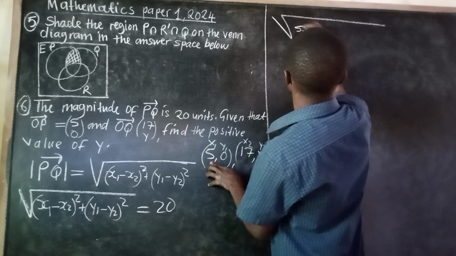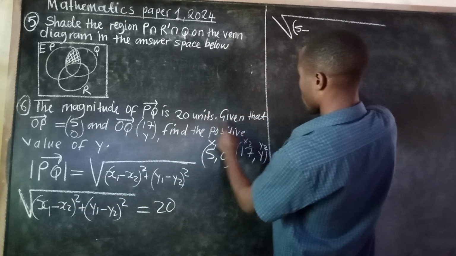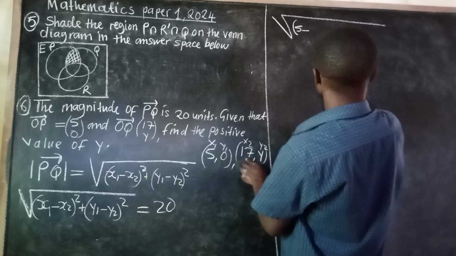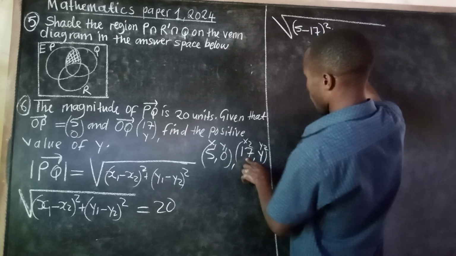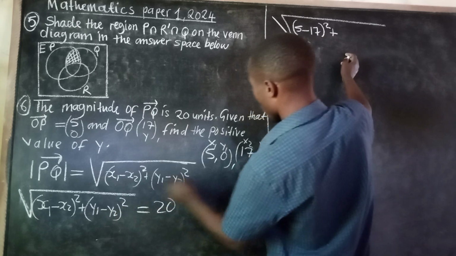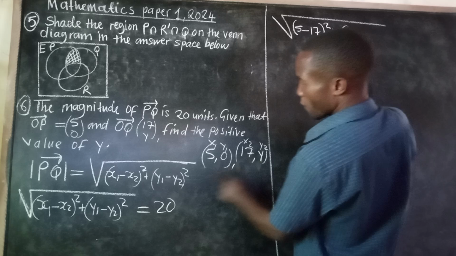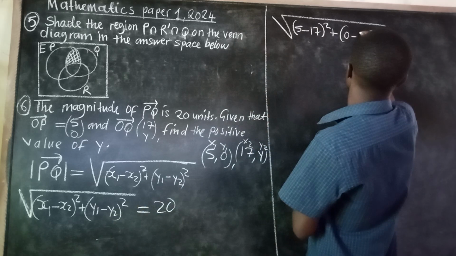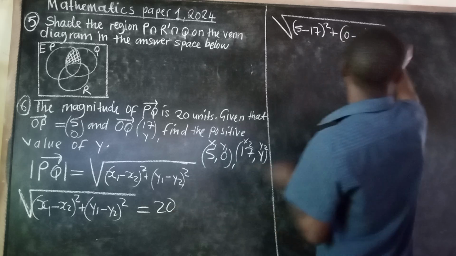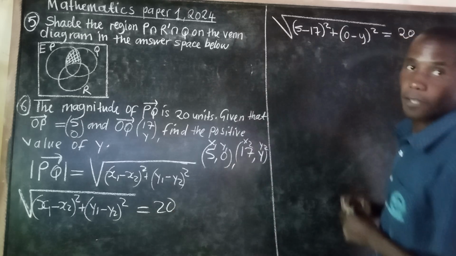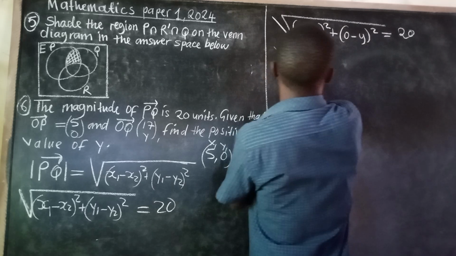So 5 minus x2, what is our x2? x2 is 17, then squared, plus y1, which in this case is 0, minus y2, which is y, squared, equals the magnitude we have, 20. That is the way to go. Then from there we can simplify further.